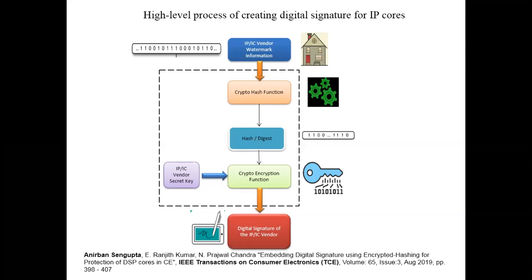Then we apply the crypto encryption function based on the IC or IP vendor secret key, which is usually the private key, because it's an asymmetric crypto algorithm. Once we feed it into the RSA block, which is the encryption function here, we finally get what is known as the digital signature of the IC and IP.